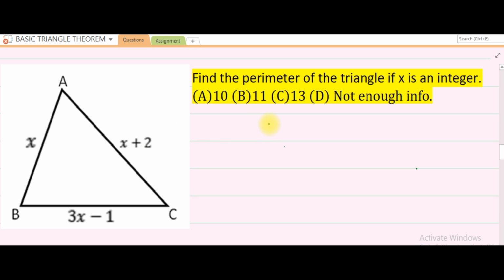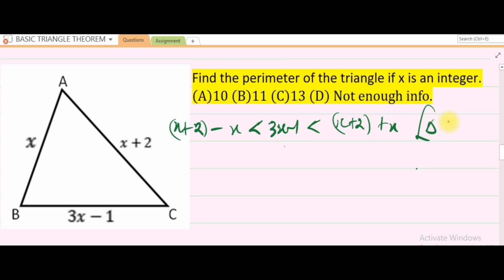So this 3x minus 1 should be between x plus 2 minus x and x plus 2 plus x by the triangle inequality theorem. So that's what I used here.